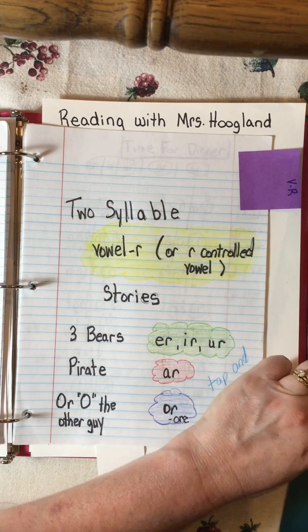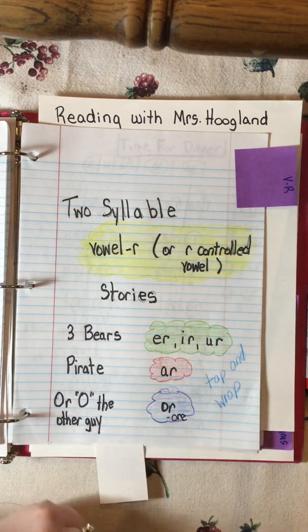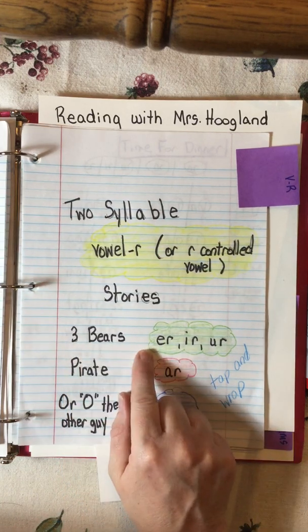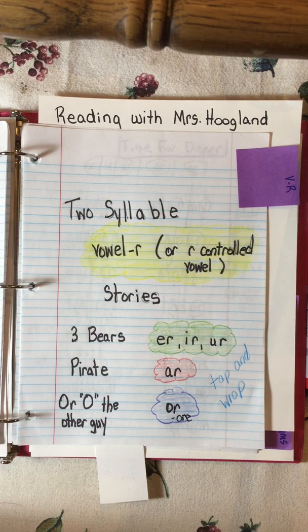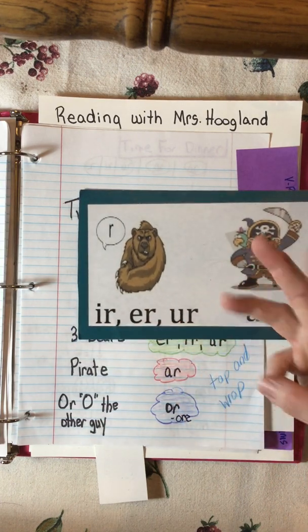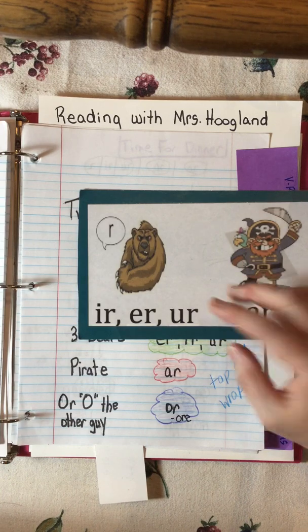All right, first of all, before we start, I want to review real quick what we've been doing with R controls. We have what we call the three bears, the ER, the IR, and the UR. We try to relate that to Goldilocks and the three bears, and that kind of helps us remember that the three bears say "er." Put your teeth together and go "er," good job.